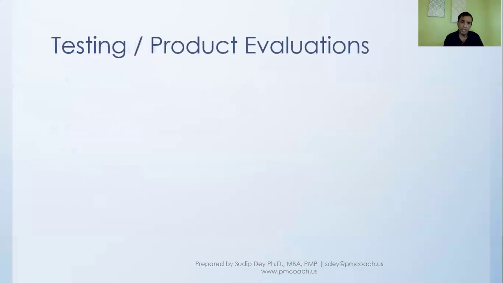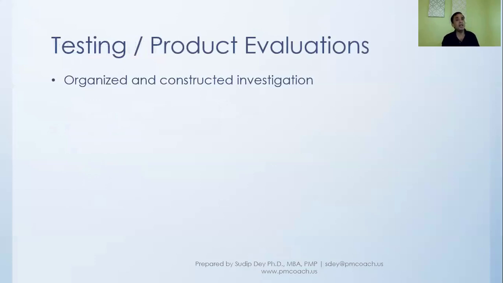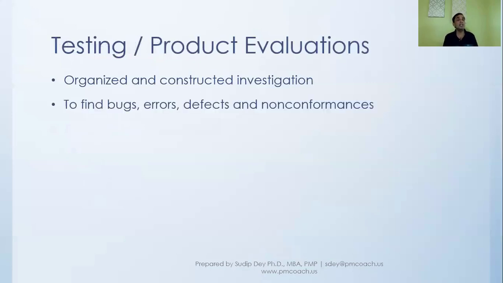Testing and product evaluation. Testing is really an organized and constructed investigation. Basically, the idea is to test and find if there are bugs, errors, defects, and non-conformance. Now, there can be destructive testing and non-destructive testing. A lot of the time, most of them are non-destructive. When we are testing and comparing the result with what is expected, we might have a test plan based on which we do the testing.